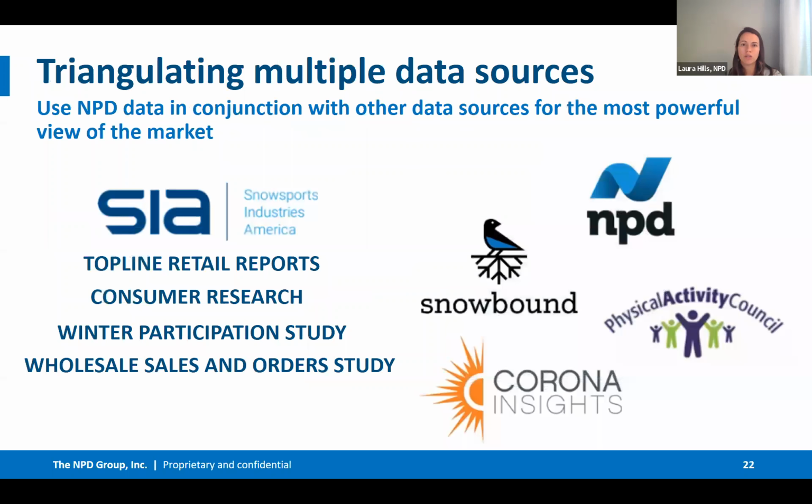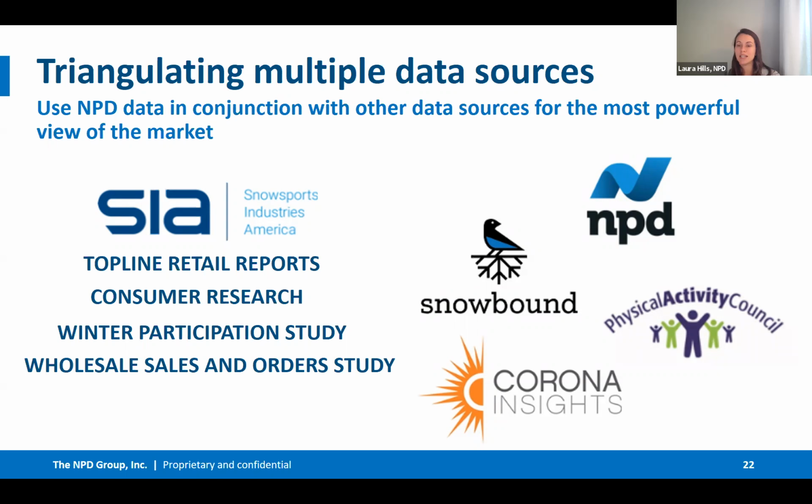So now that I've walked through several examples of ways that you can leverage the NPD sell-through data, at the macro industry, at the channel level, and then all the way down to brand and item and average selling price, what can make NPD data even more powerful and actionable for your business is when the insights that you get from the sell-through are combined with other data sources.